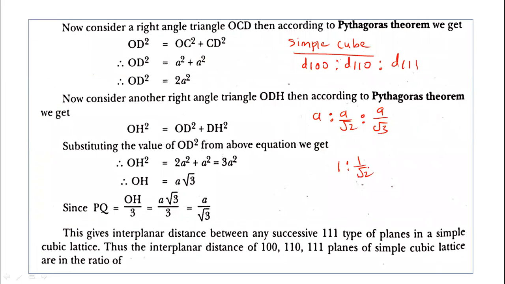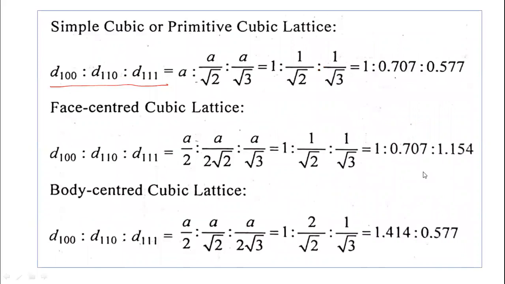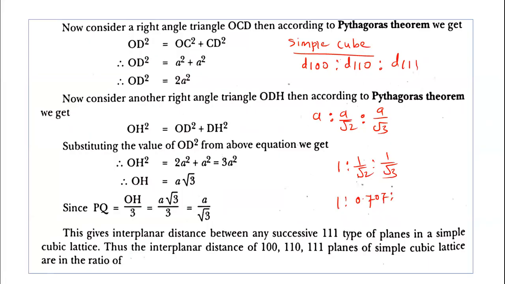Those values are given here: 1 upon root 2 is 0.707, and 1 upon root 3 is 0.577.